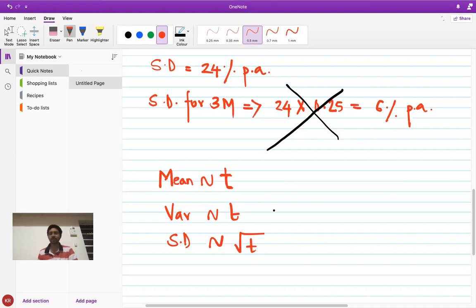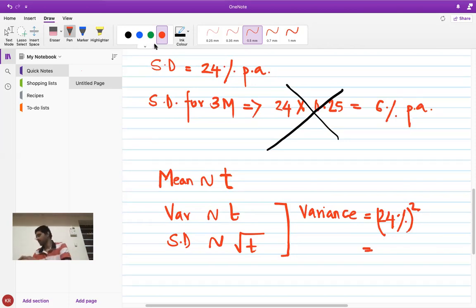What does this mean? Let's say standard deviation is 24%, then variance is going to be 24% the whole square, right? I'm just calculating what this is. So this is equal to 576% square. Agreed?